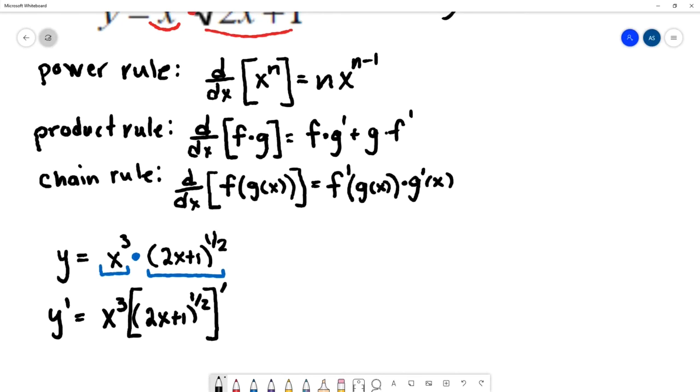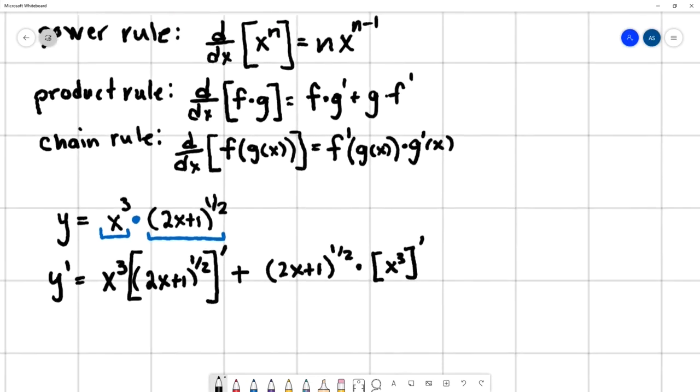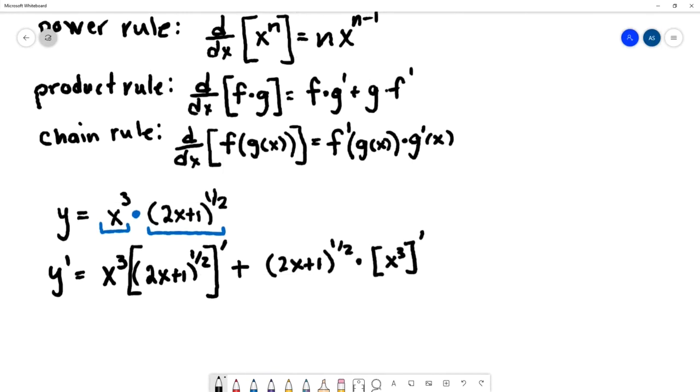So I've got x cubed, the first factor, times the derivative of the second factor, plus the second factor of 2x plus 1 to the 1/2 power times the derivative of the first factor. So I want to take the derivative of x cubed. So I've written out the product rule, and I still have some pieces that I need to calculate the derivative of.